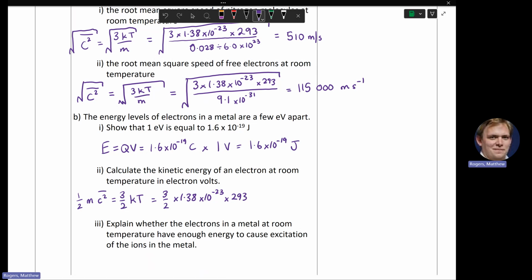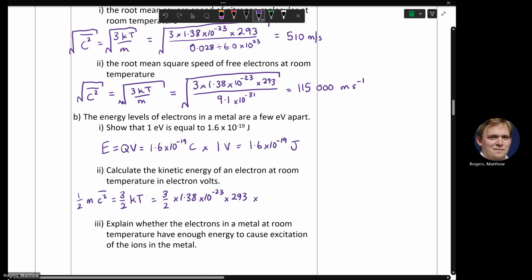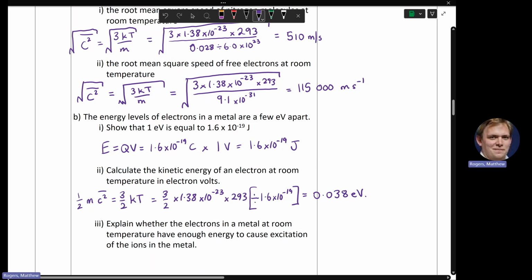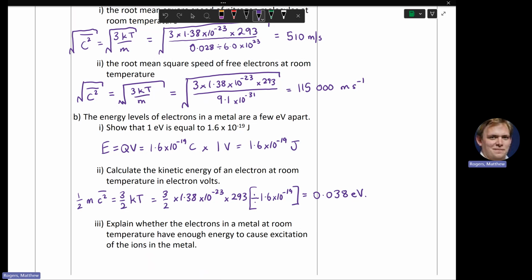To convert it into electron volts, I then need to use 1.6 times 10 to the minus 19, which I'll put in square brackets because it's converting the unit at the end. That gives me a value of 0.038 electron volts. Not times, divide. So I've done that wrong, haven't I? Let's correct that. It was a small number in joules, therefore I had to divide by that to make it a bigger number in electron volts.